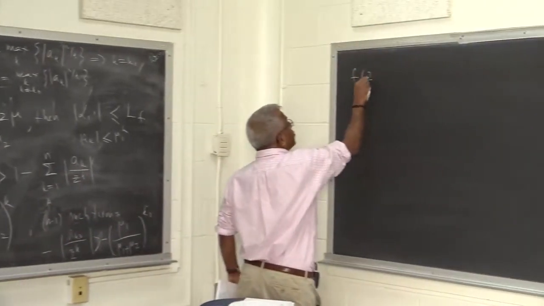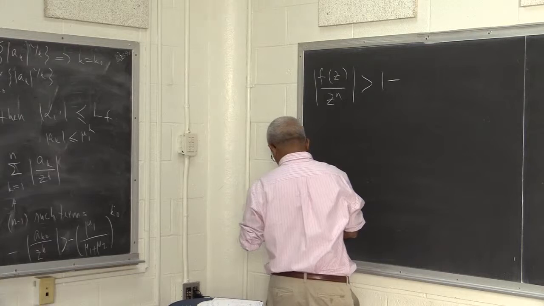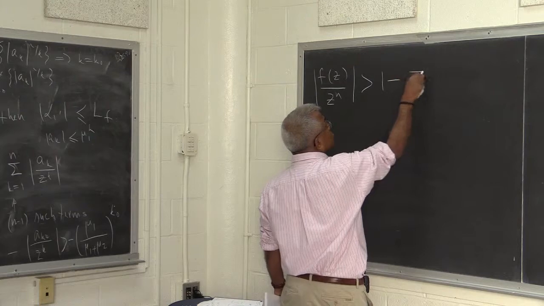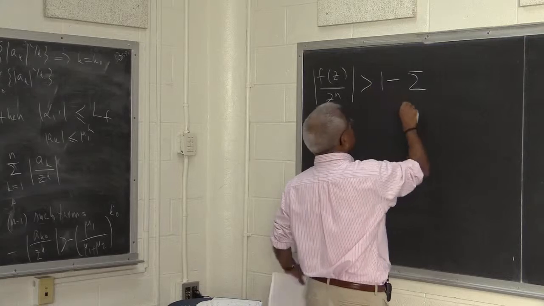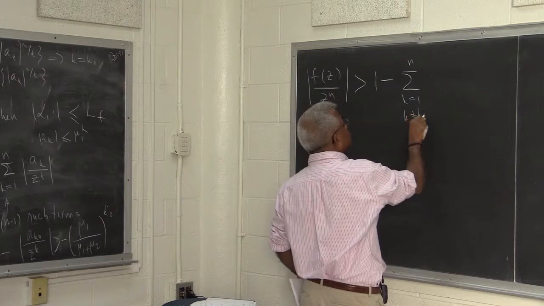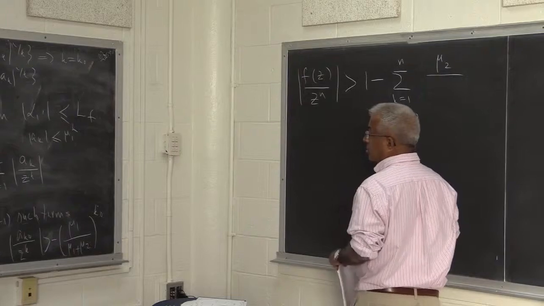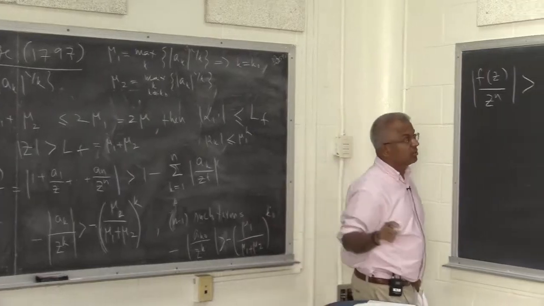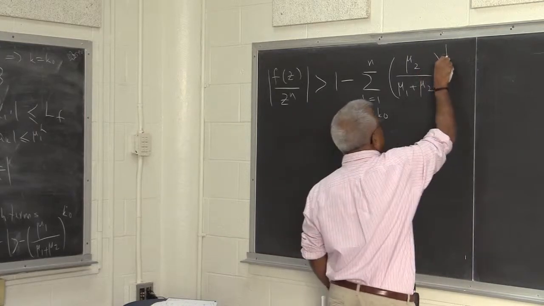So you get the following. If k is not equal to k0, you have a_k over z_k is greater than this quantity, which is (mu2 over mu1 plus mu2) to the power k.